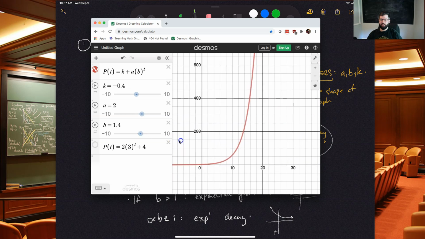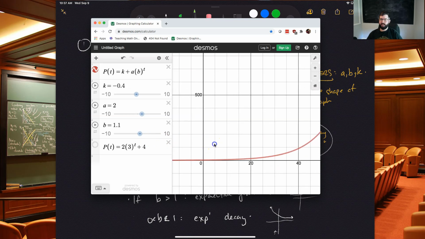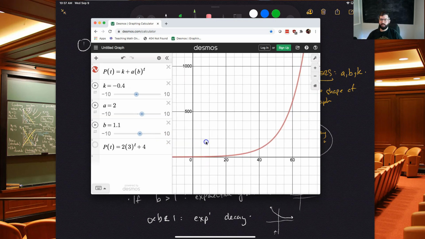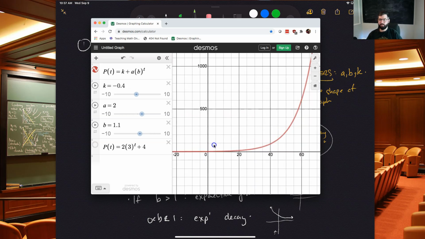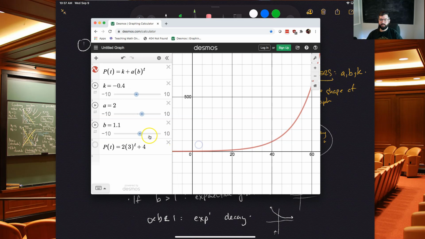As I lower b, it's kind of like laying the curve down to be not as fast as it was before. It's still going to shoot off to infinity. You go out far enough, it's still going to blast off. But changing b is really what changes the bend or the steepness or the concavity of this curve.